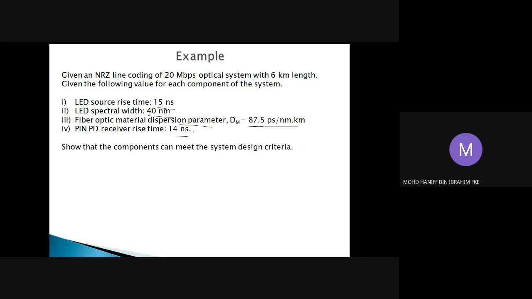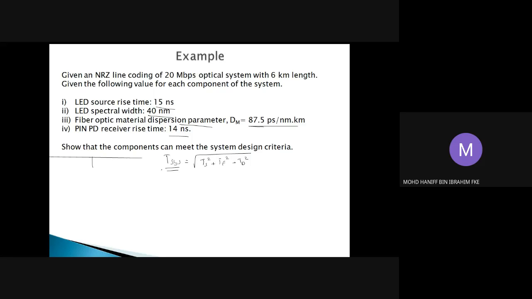Before we can proceed, we need to calculate the total rise time, which equals the square root of the rise time of your source squared plus rise time of your fiber optics squared plus rise time of your detector squared. This is the equation used to calculate the total rise time of the system.